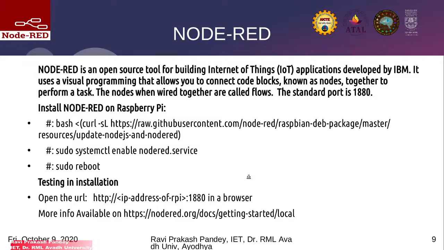After choosing yes for the first prompt, it is asking, do you want to install Pi-specific nodes? Pi-specific nodes are the functionalities which are built into the Raspberry Pi. If you are not using the Raspberry Pi for actually attaching sensors or collecting data through it, you could disable it.